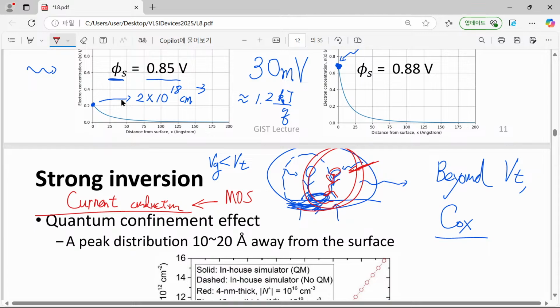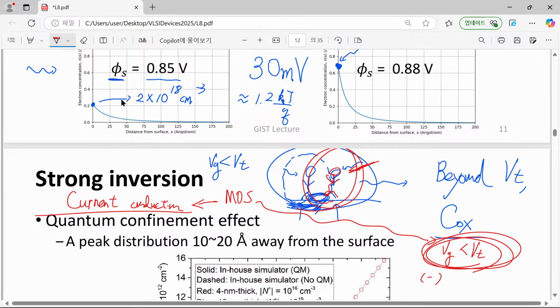So please, what was the physical origin of the negative charge collected under the oxide layer before threshold voltage? When we have a gate voltage lower than threshold voltage, although we can collect negative charge, this negative charge is just obtained from holes.